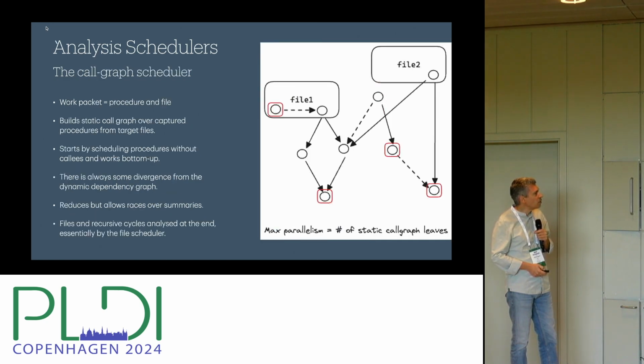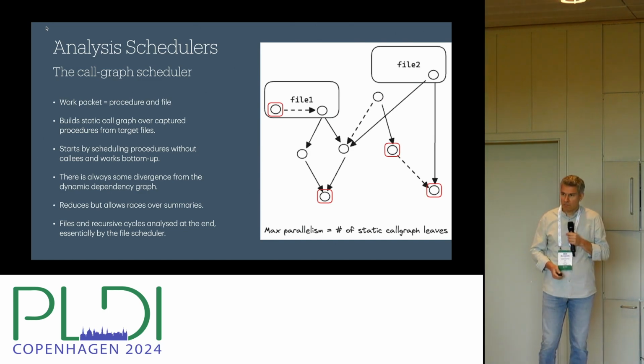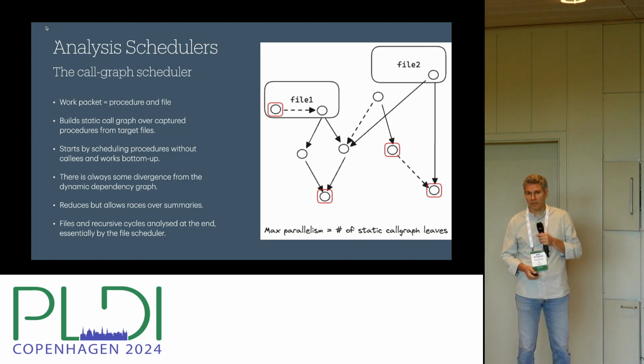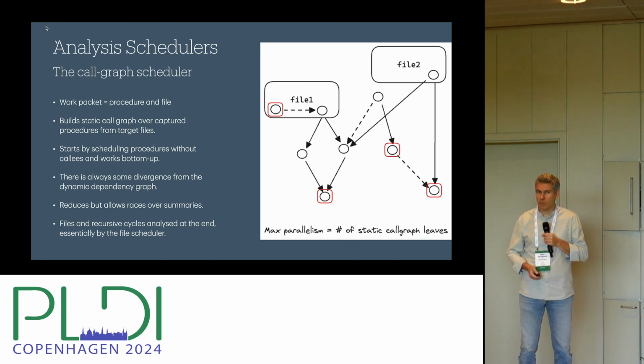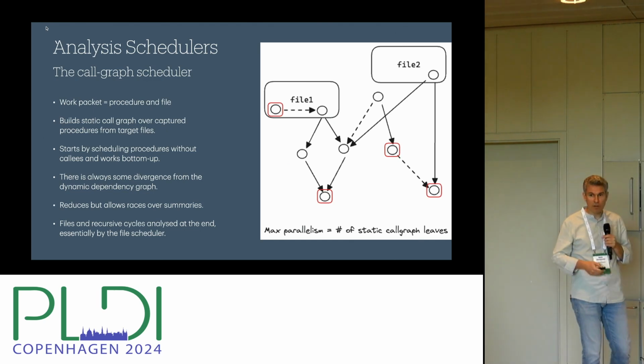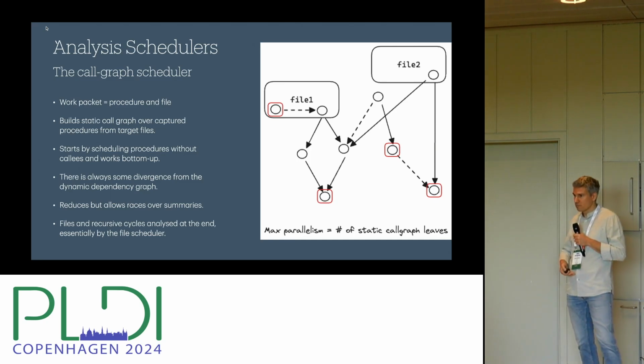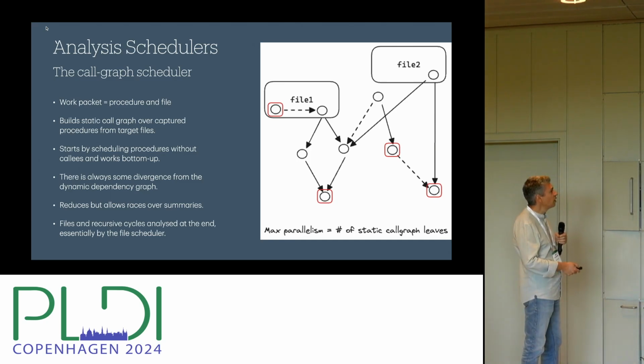Okay, so then the first step we took was to use the static call graph in order to partition the work at the level of procedures and not files. Okay, so what we do here is that we go through the static call graph.